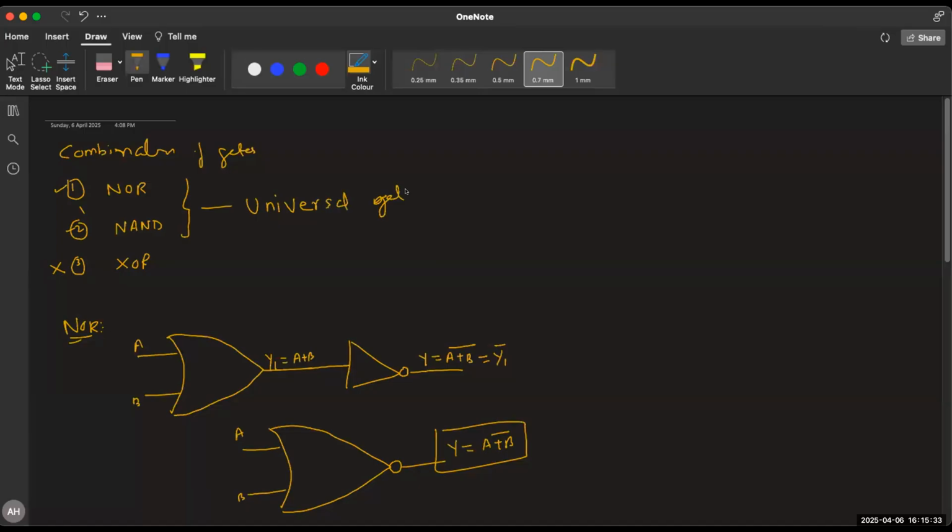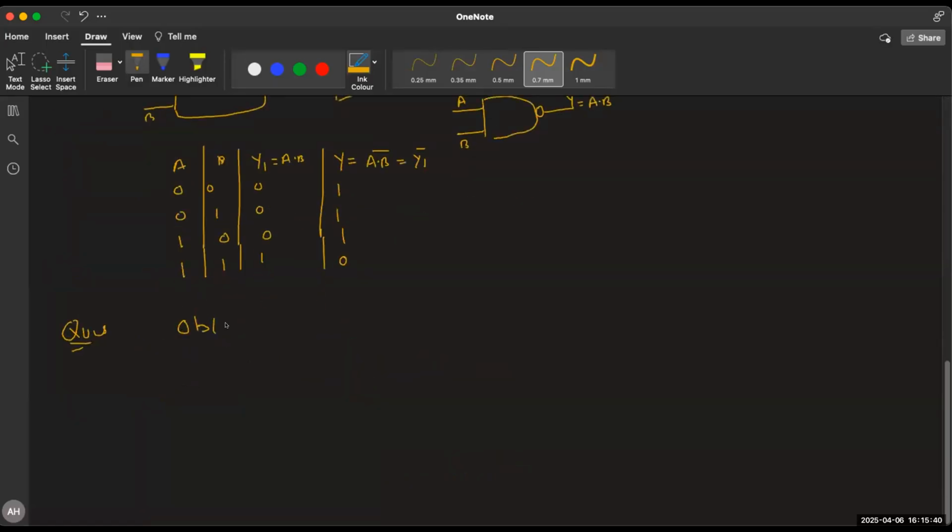The reason is if you have a NOR gate, then you can obtain all types of gates. If you have NAND, you can obtain all types of gates. That is the question: obtain all gates from NOR.